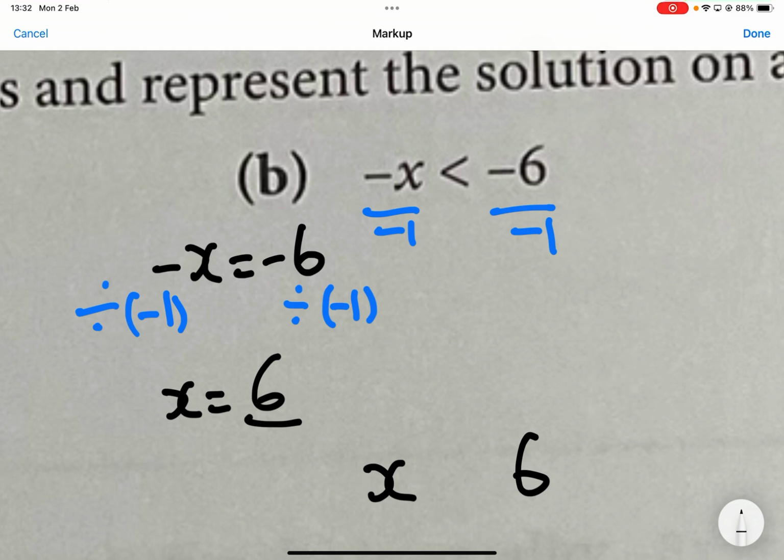So from smaller than, my left hand side now becomes larger than my right hand side. Okay? This is the only difference between equation and inequality. When I divide by a negative or multiply by a negative, this sign will change side.